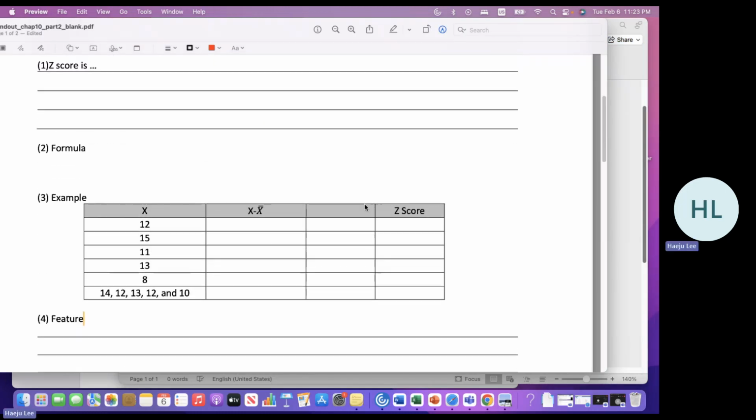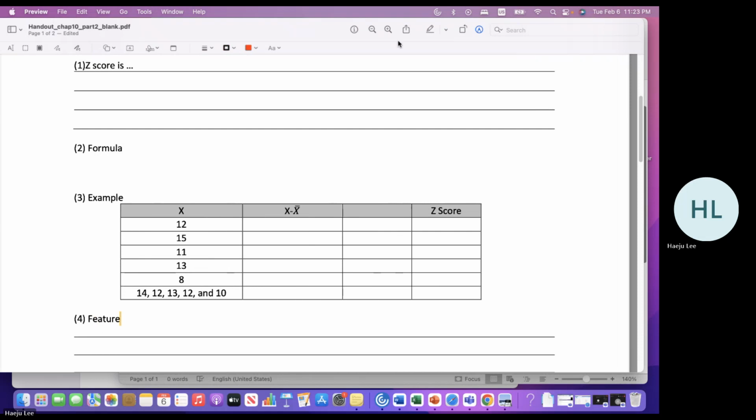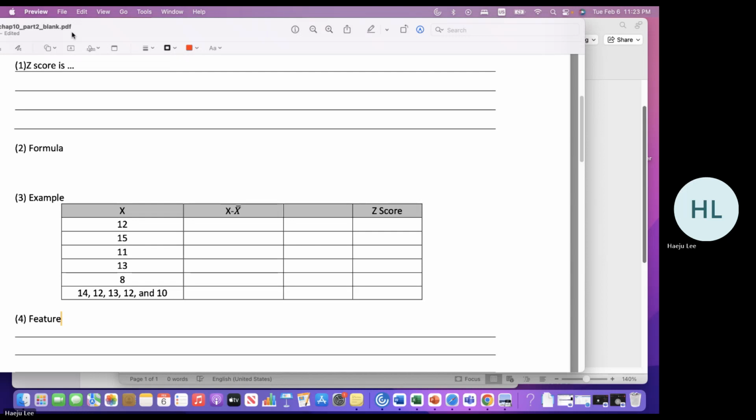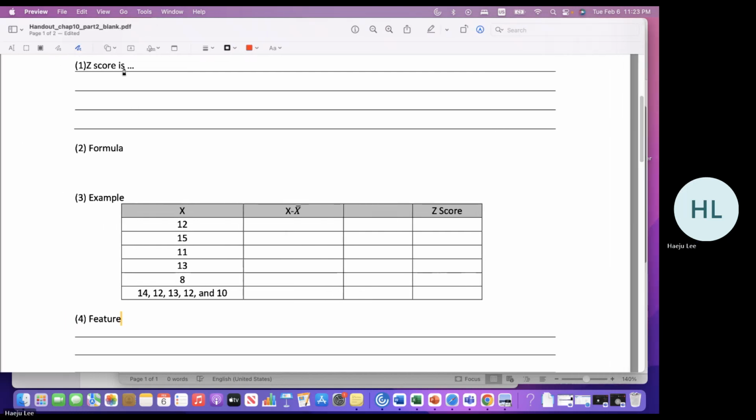So how can we change the original distribution into the Z distribution? We need to use the formula. For example, individual number minus mean divided by standard deviation.